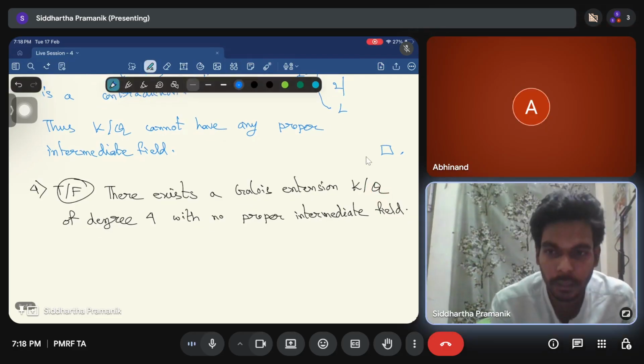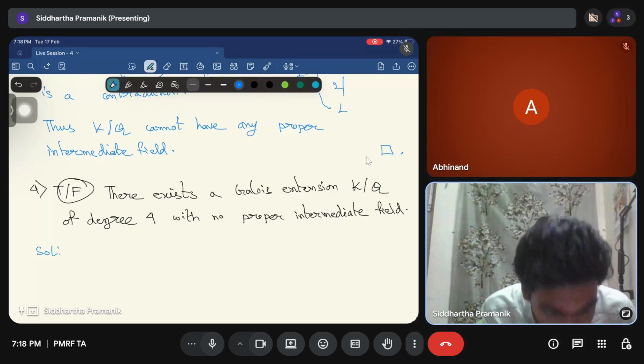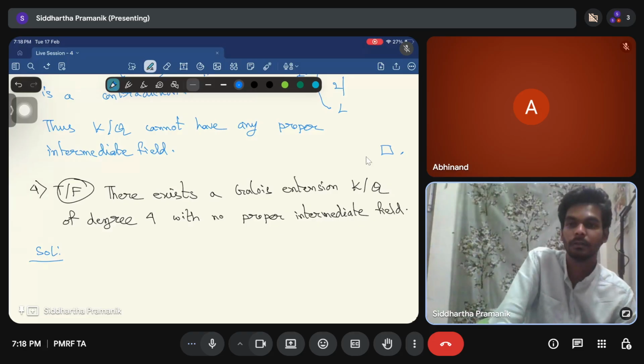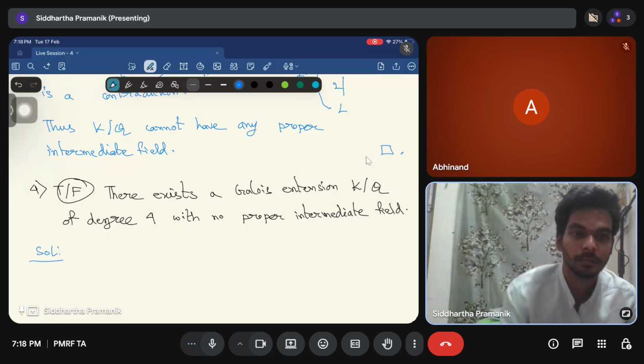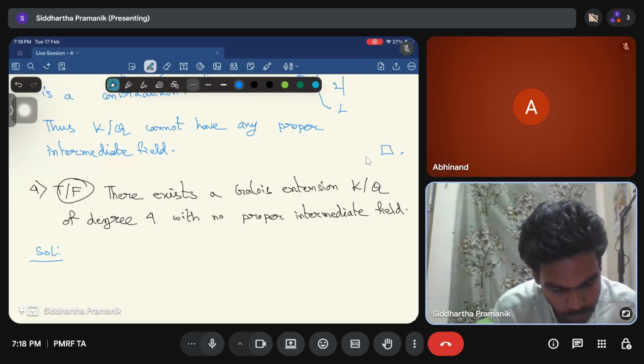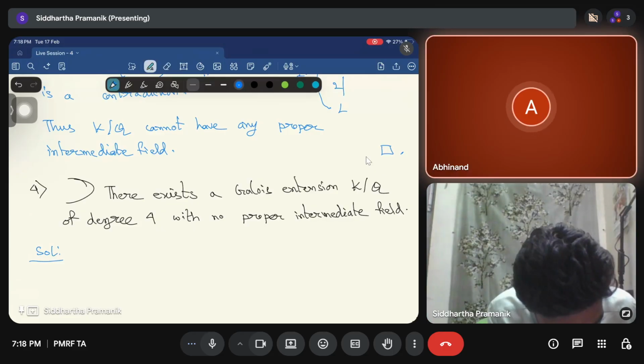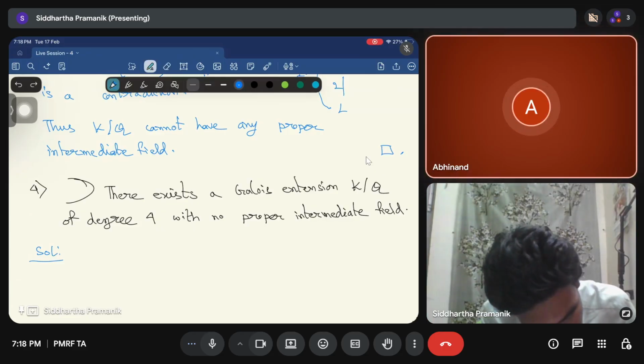Are you saying something? Do you have any answers? Yes, sir, it's true because we already proved that there exists a Galois extension.